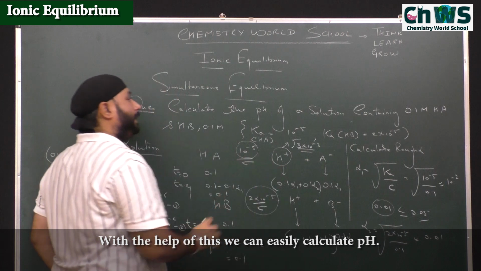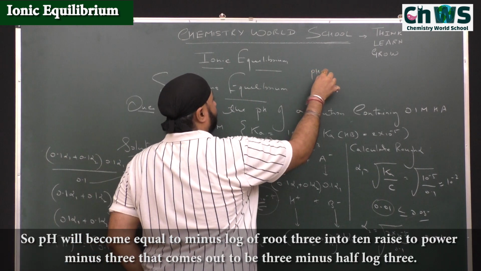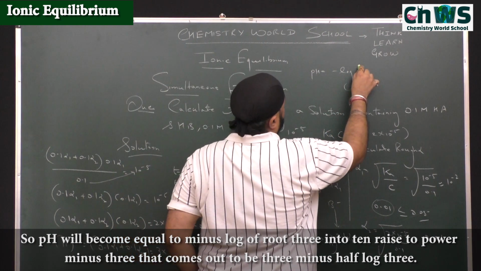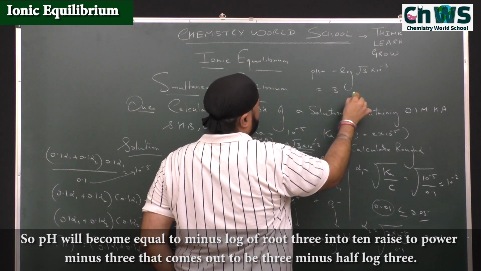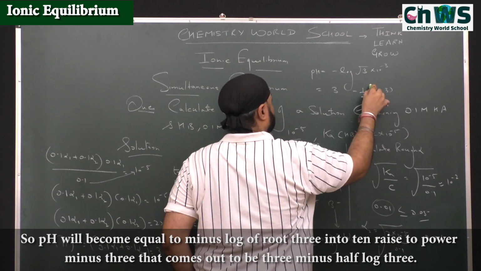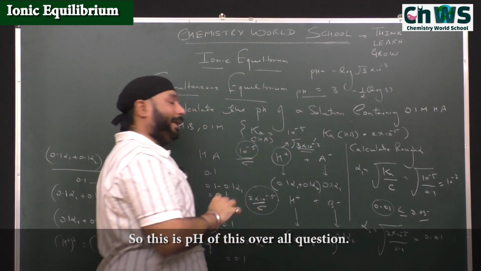With the help of this, we can easily calculate pH. So pH is equal to minus log of root 3 into 10 raised to power minus 3, which comes out to be 3 minus half log 3.